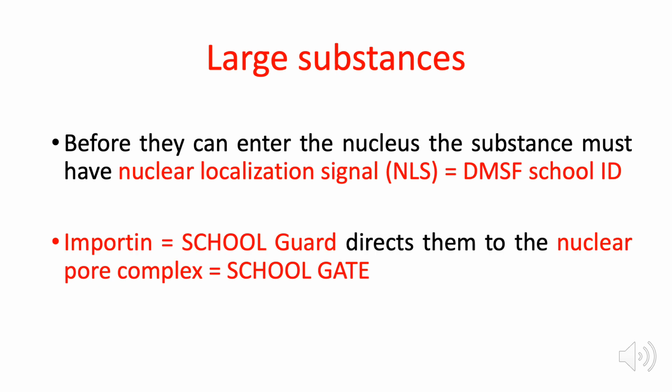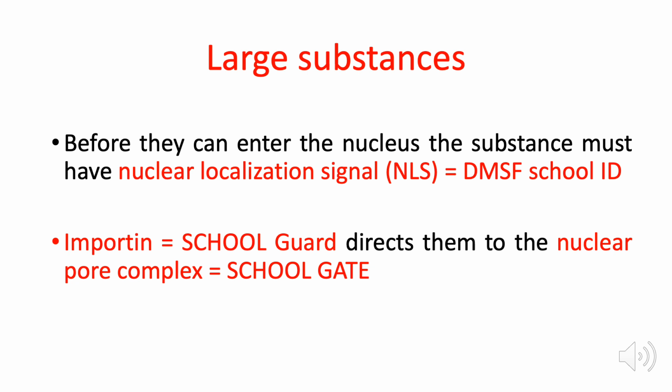I want you to imagine that you are the student and you want to enter the MSF. So in the case of the nucleus and the protein, you are the protein and the MSF is the nucleus. Before you will be allowed to enter the MSF, you must have your DMSF school ID. So that DMSF school ID is your nuclear localization signal.